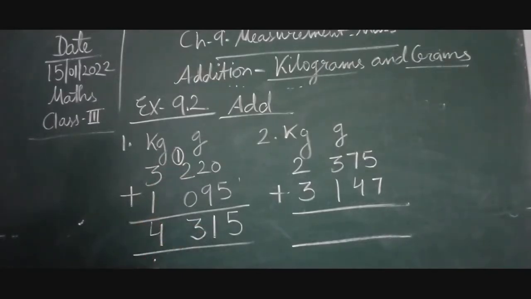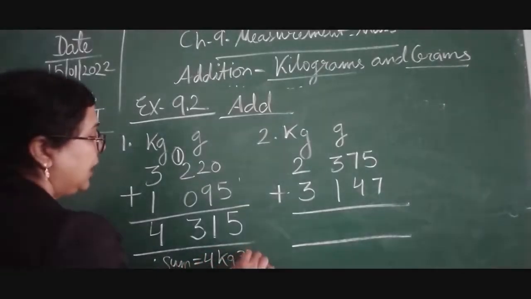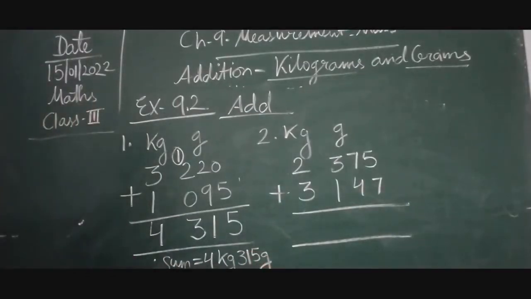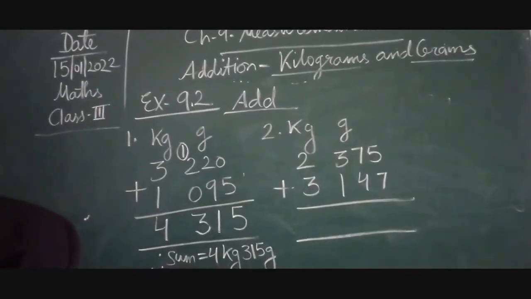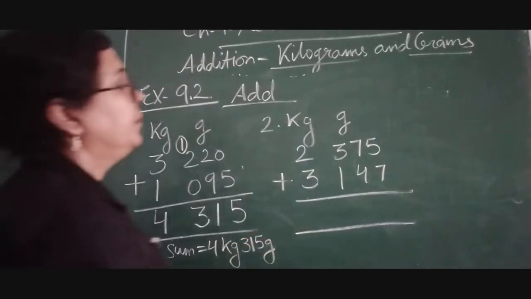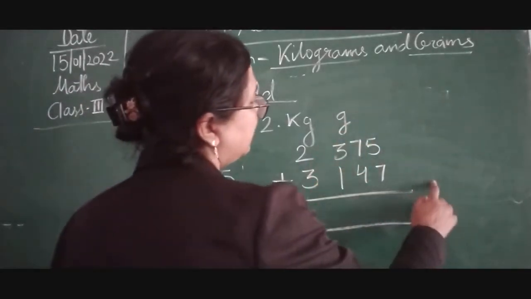So therefore sum equal to 4 kg 315 gram, children.